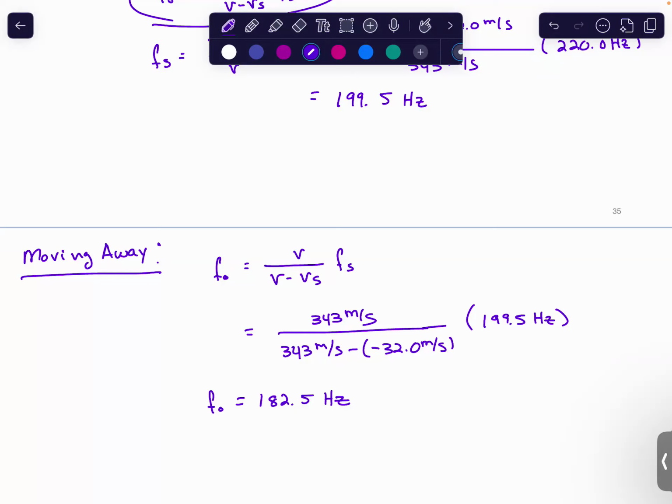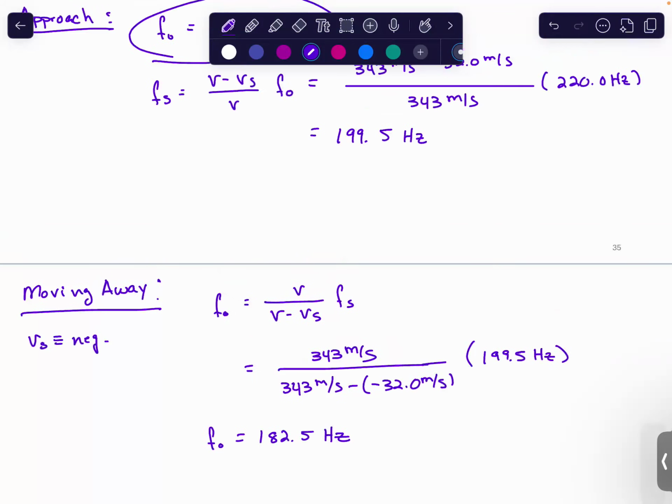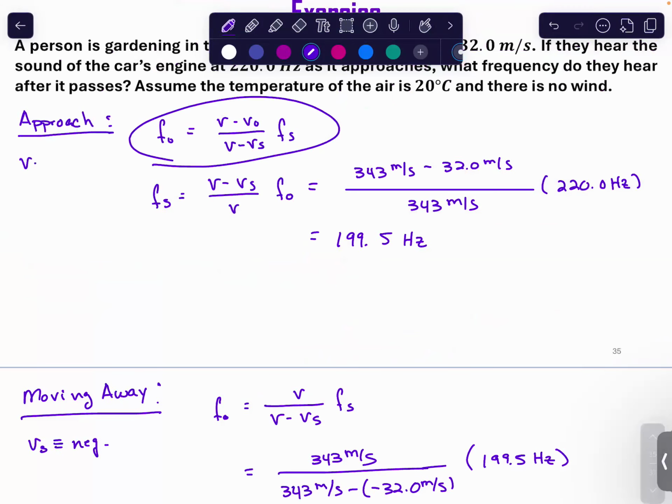Once you get your numbers straight, Doppler effect's not super difficult to work with. When moving away, V sub S has to be negative; in your approach, V sub S is positive. You want to keep track of that positive and negative.